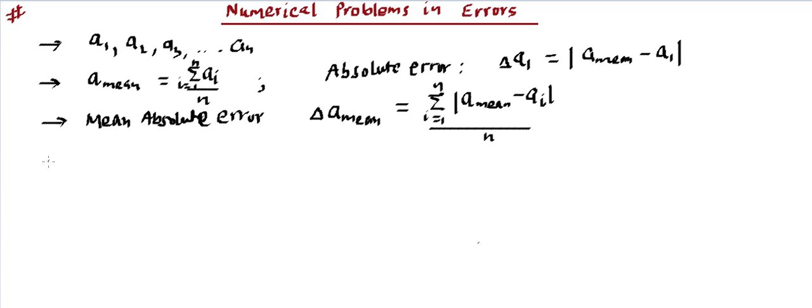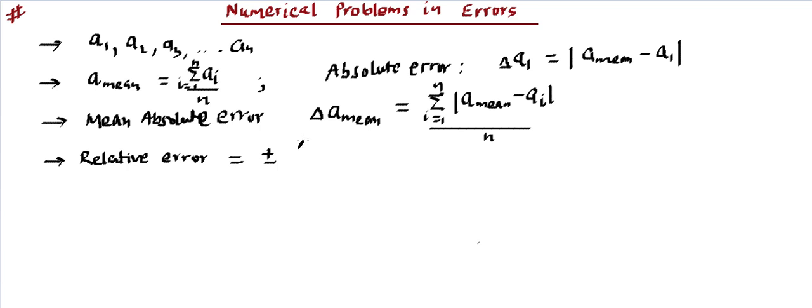Then you have learned about a quantity called relative error. So how to get the relative error? It is defined as again plus minus. We are going to place plus minus here so that we will be writing the error, and it's going to be this mean absolute error divided by the mean value.